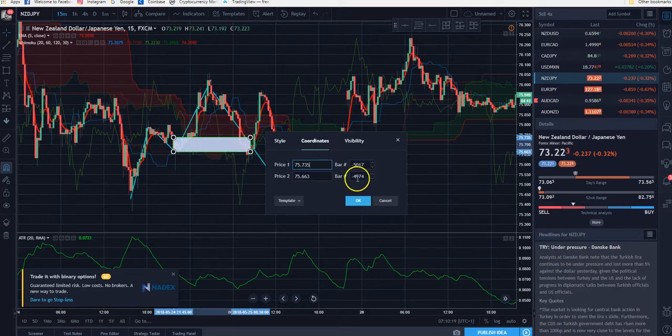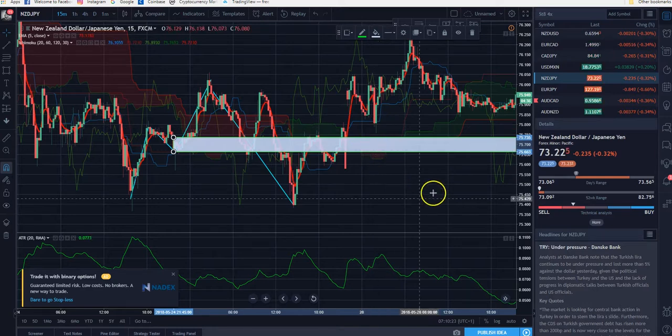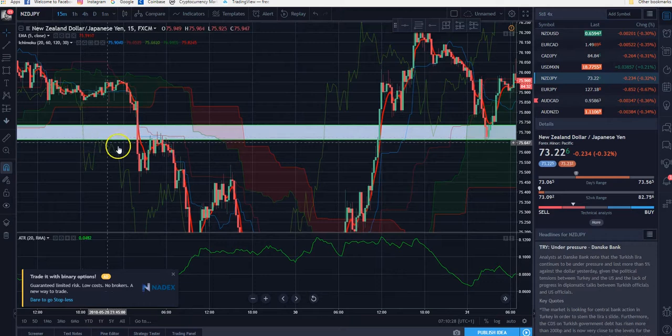Alright, so I'm going to double click on that and change it to 10,000. And if you're over here on the chart, you will see that is the zone it kissed before it dropped.